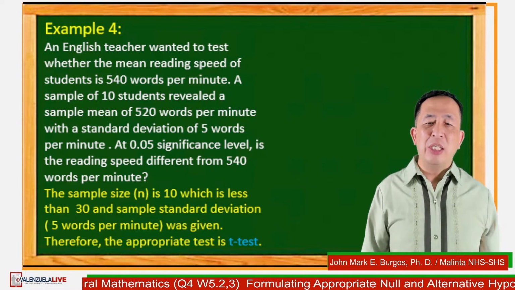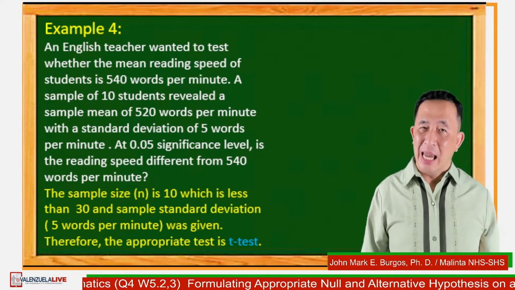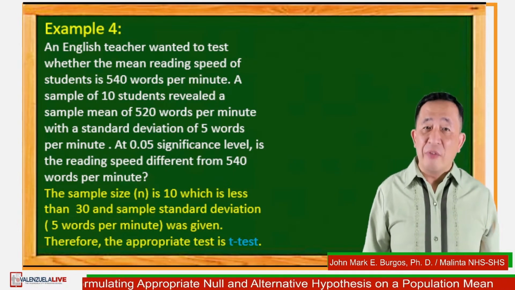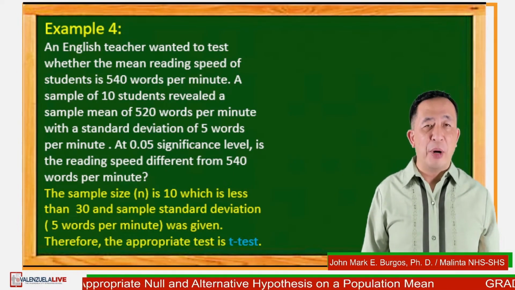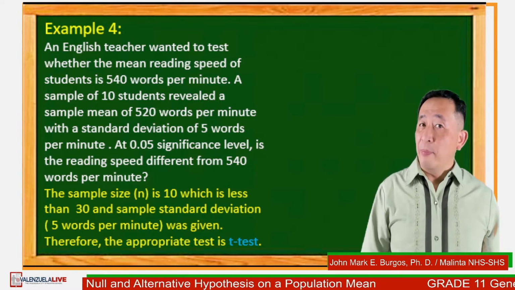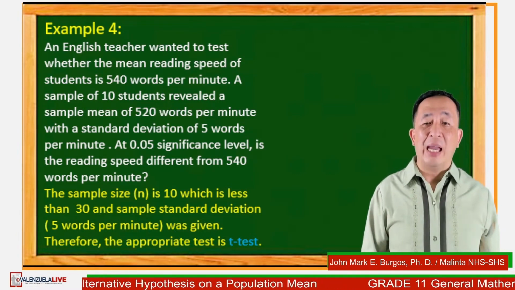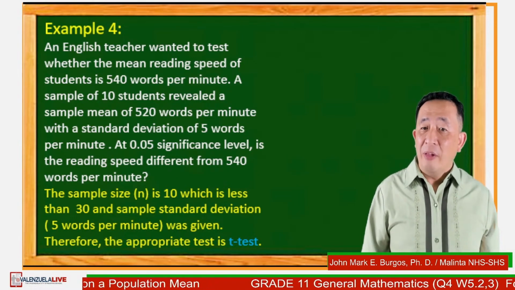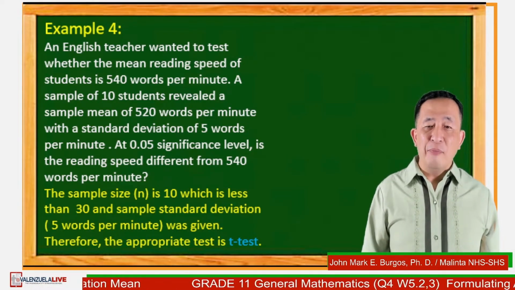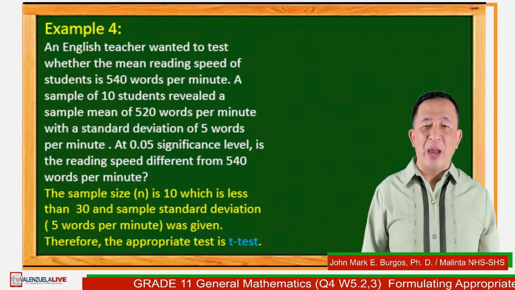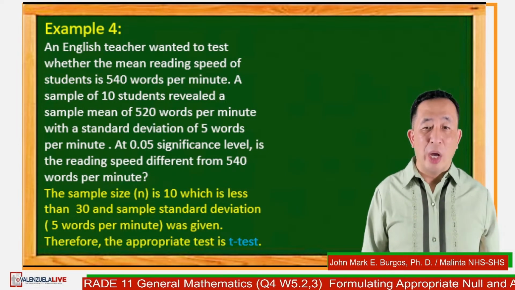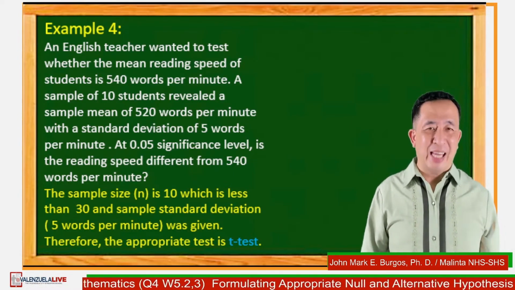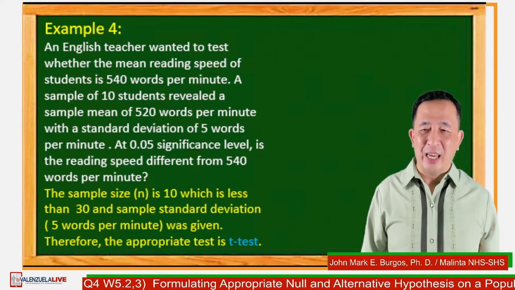At 0.05 significance level, is the reading speed different from 540 words per minute? Now, remember that the sample size, or n, is 10, which is less than 30. And the sample standard deviation of 5 words per minute was given. Therefore, the appropriate test is the t-test.